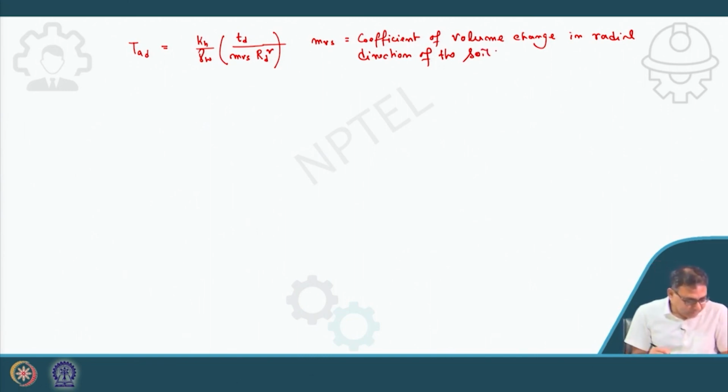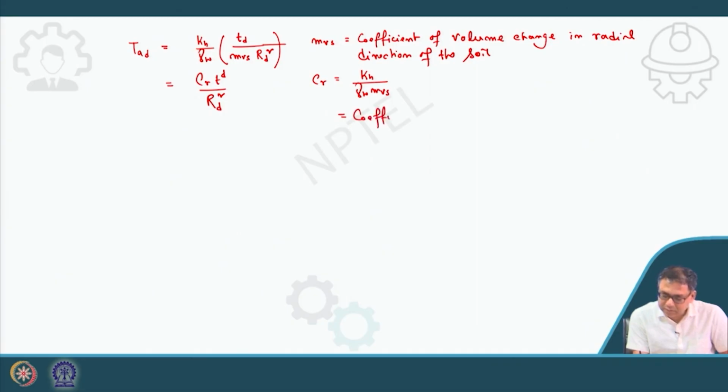And this I can further write as C_R into T_D divided by R_D square, where you know that C_R is equal to K_H by gamma_W into m_vs, where C_R is the coefficient of radial consolidation.